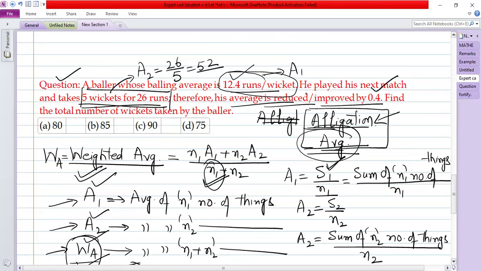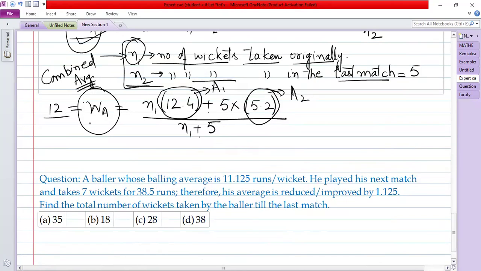Please mind, I have discussed the meaning of improved here. In the case of bowling average, if it is improved, then we subtract this improvement. I had discussed this in the previous lecture in detail, so do watch. Now we have to solve mainly this equation.